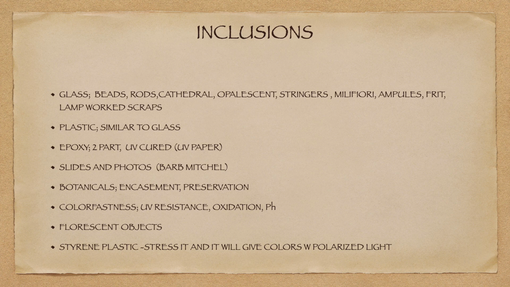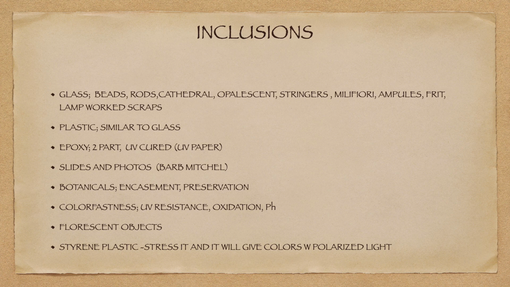Epoxy is something that can be your friend in this regard, particularly with botanicals. So flowers, seeds, etc. are usually softer than other elements included in the object case and are more subject to abrasion, falling apart, disintegration over time.